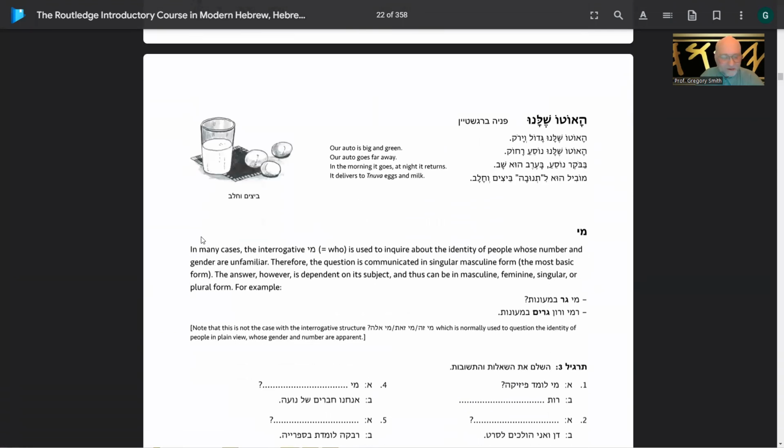But this is good practice, because this chapter is working on possession of. So it's either possession of ani, I, possession of you, masculine singular, possession of him, masculine singular, or her, or they, or them, plural.